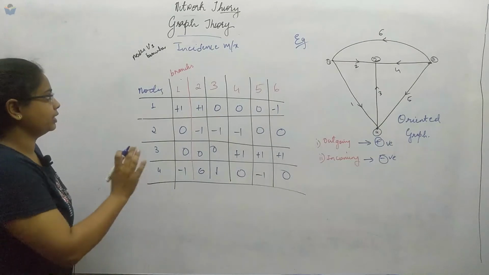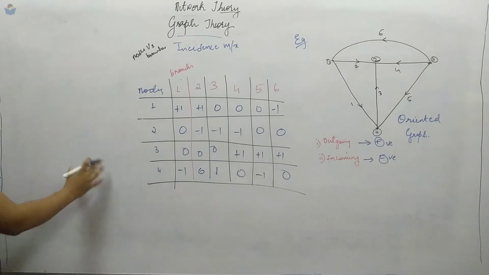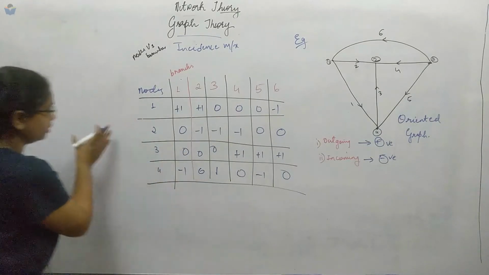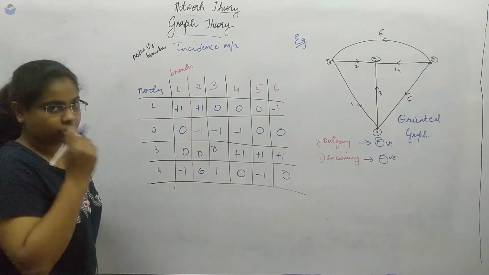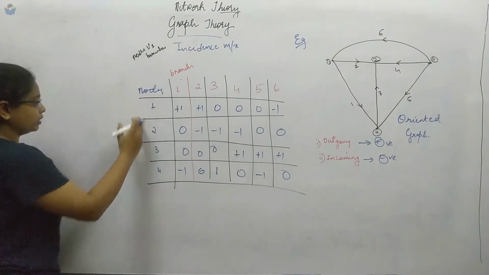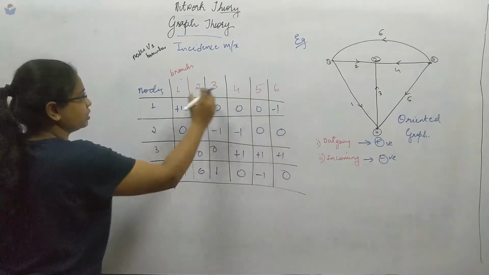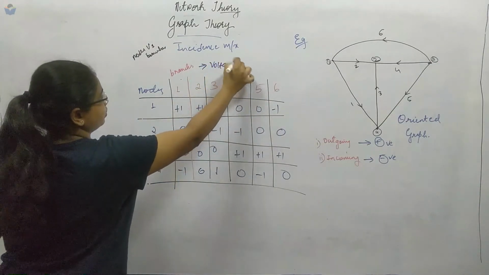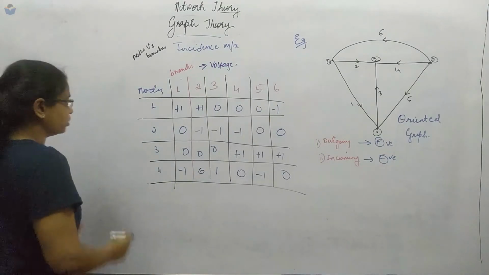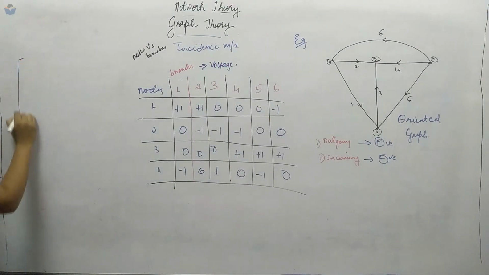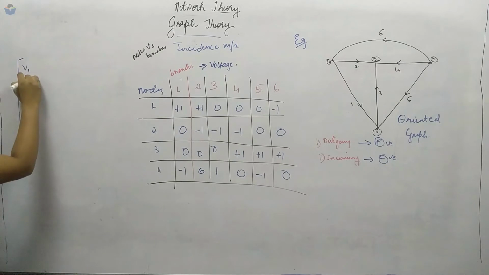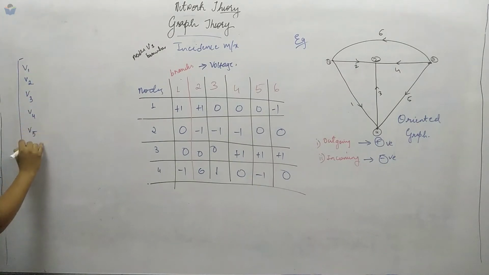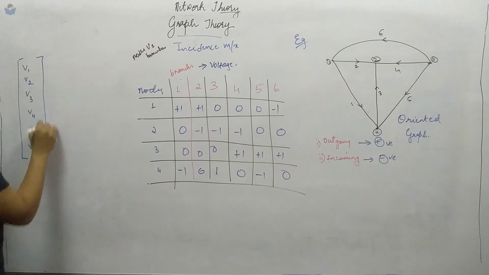Now this is the incidence table, and we will draw the incidence matrix. How do we write this one? These are the nodes, these are the branches. The branches represent the voltage. So I will write V1, V2, V3, V4, V5 and V6.